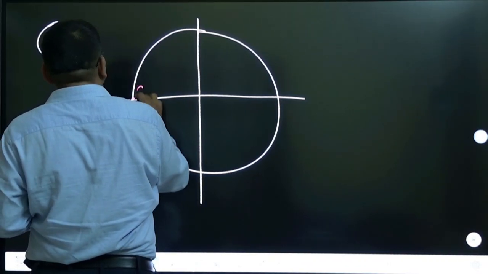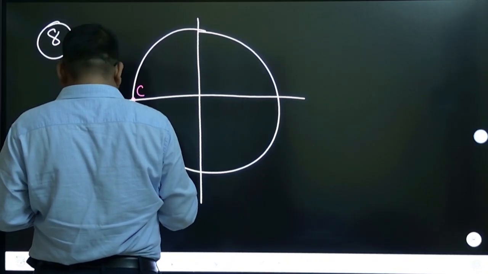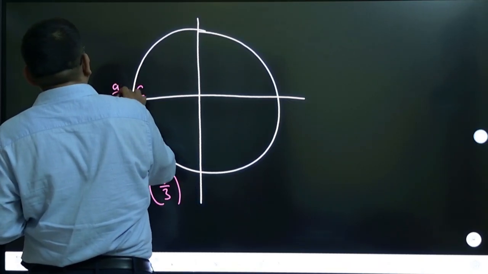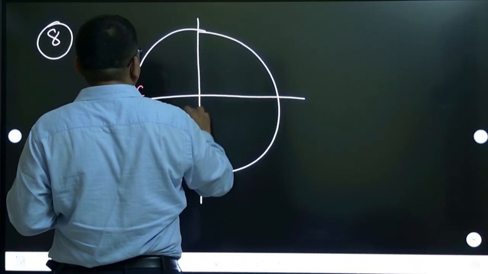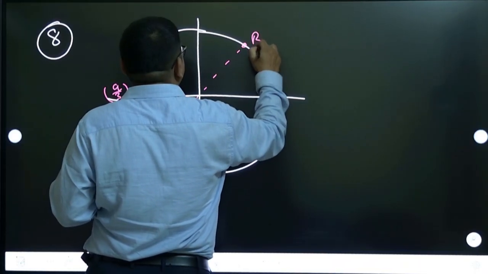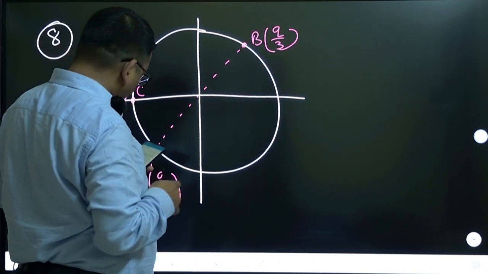One is charged particle C, one is charged particle A, right? Q by 3. This is also Q by 3. This is exactly opposite of this. B, this is also Q by 3. Okay, all these charged particles are kept here.